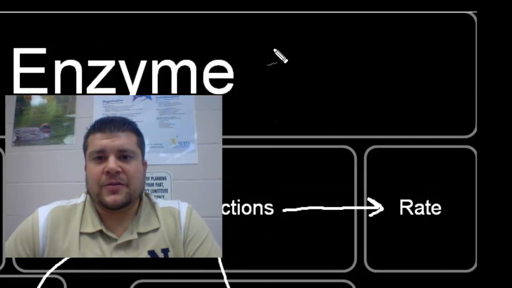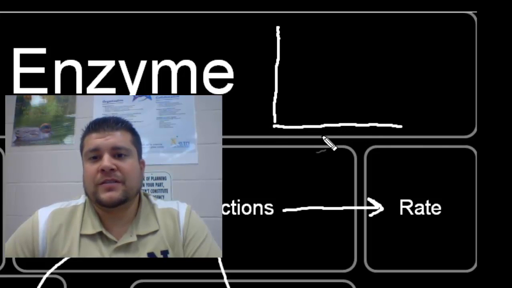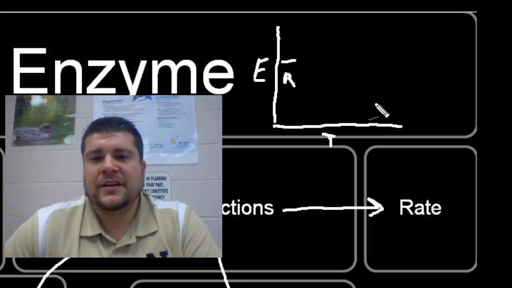When I say that it lowers activation energy, what I mean is if we had reactants and products over time, so here we would have time, and here we would have the amount of energy needed to go from the reactants, let's say we start here, to the products.